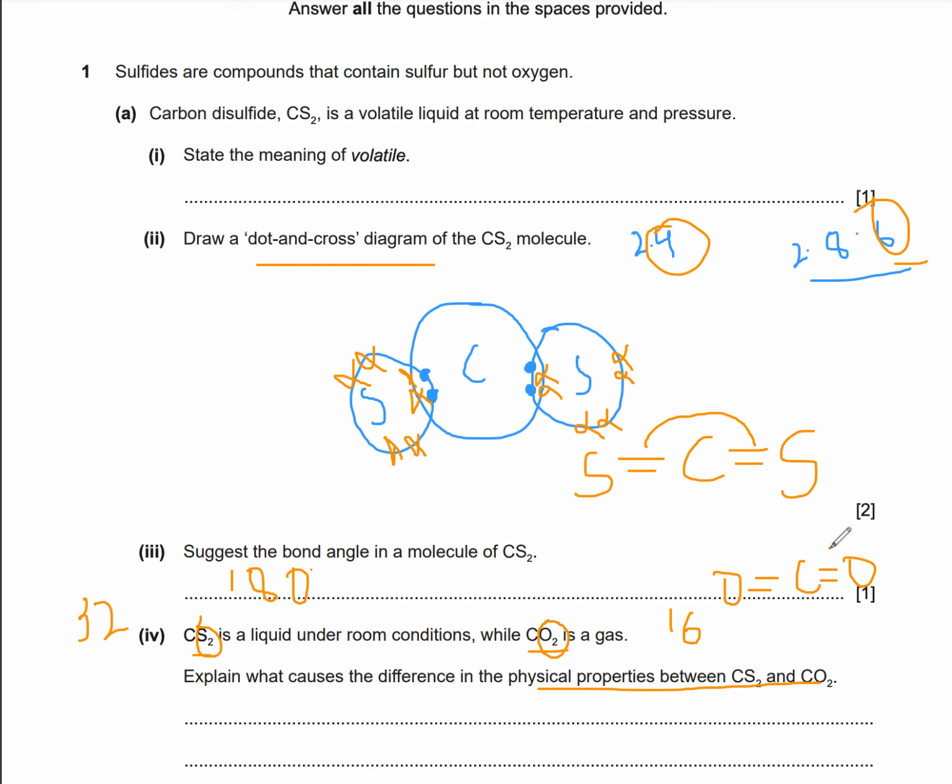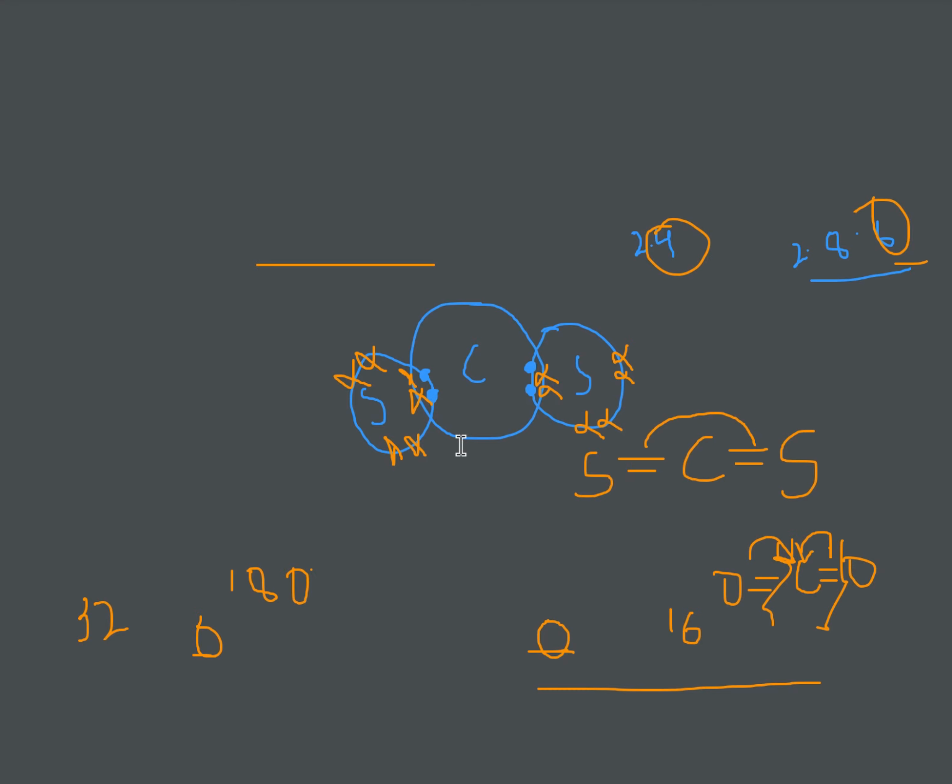So this would require less energy. Why? Because it has fewer electrons, so the induced attraction between the molecules is less, so it will be easier to break the bonds.